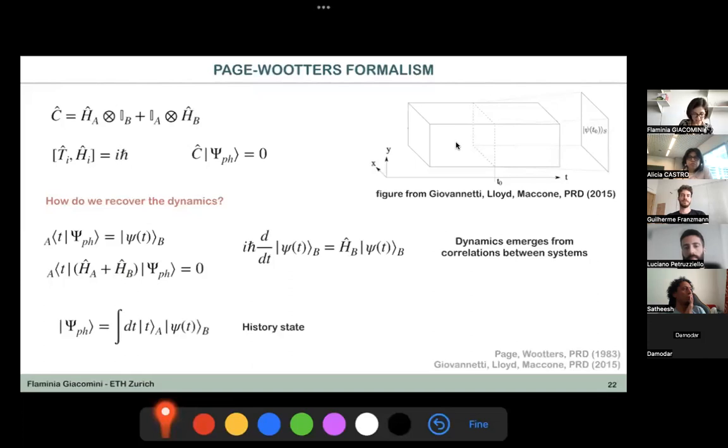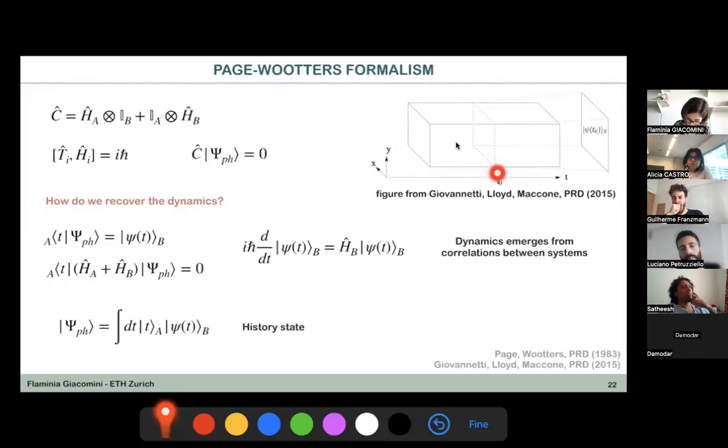Then I can use a resolution of the identity for the physical state, and I can write the physical state in this way, where I name this the history state, because I have the whole history of time as in clock A, and to each time at clock A, I can associate some state psi of t for clock B. This is what is represented in this picture.